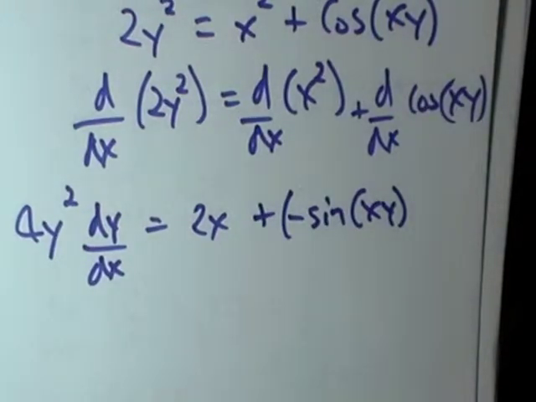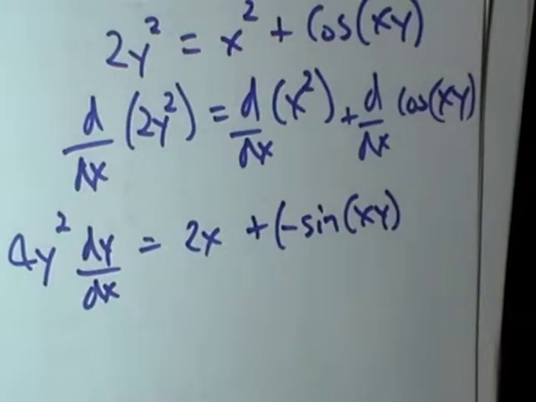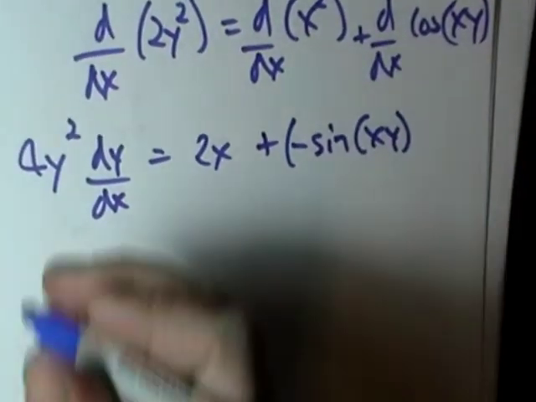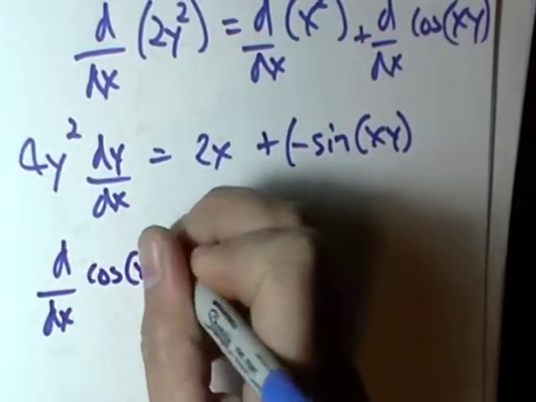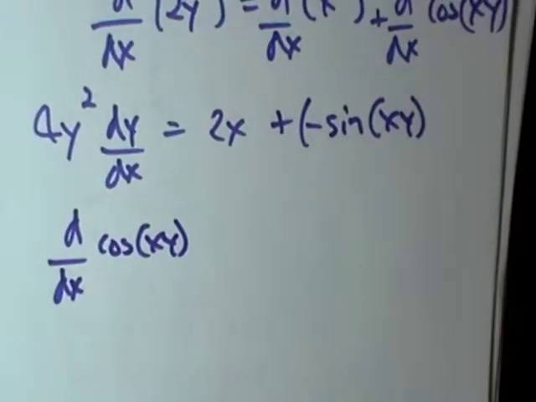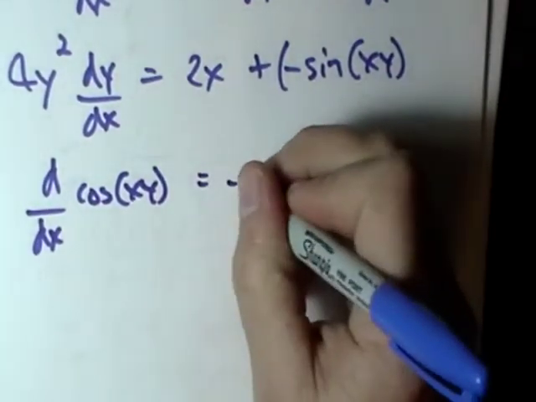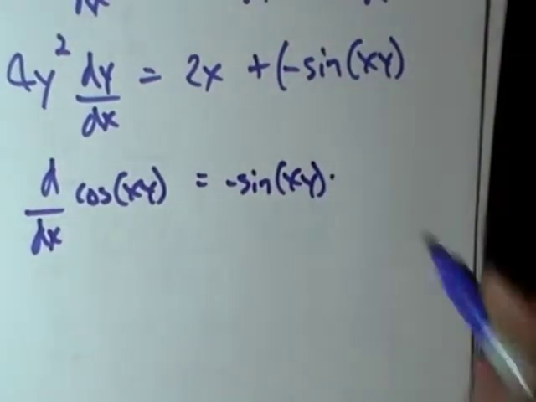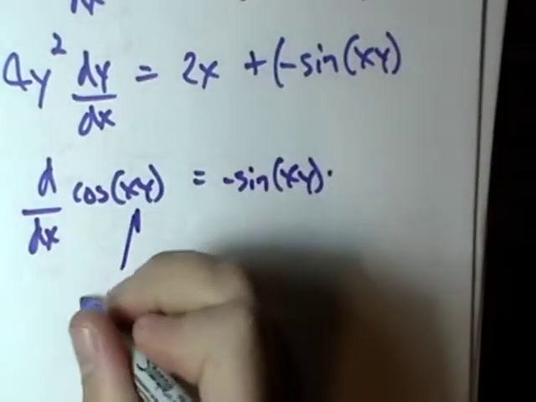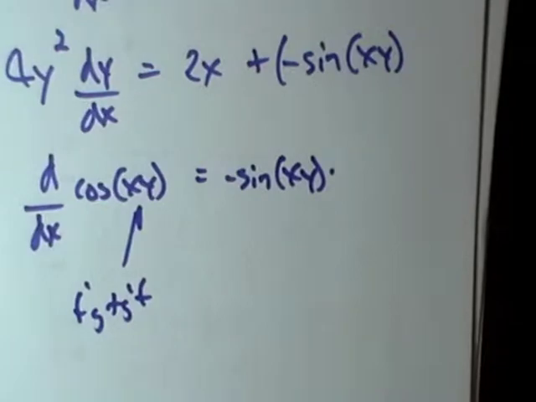So this one's actually going to get kind of messy. So how am I going to do this? Actually, what I'll do, I'm just going to do this part separate. Let me just figure out what that is for now, because the other ones are easy. So that's going to be equal to negative sine xy times, we're going to do the derivative on the inside.